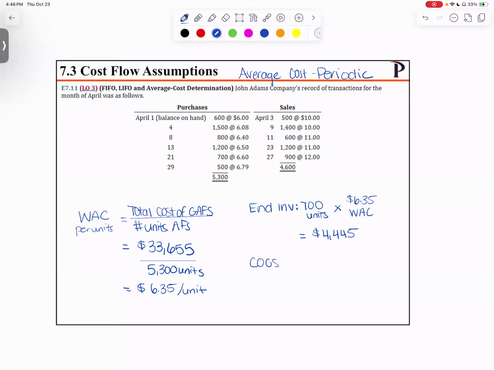Then we'll calculate our cost of goods sold. We sold 4,600 units. If we value those units at $6.35, our weighted average cost, we'll arrive at a cost of goods sold of 29,210.